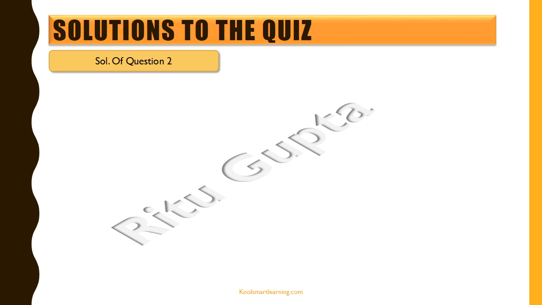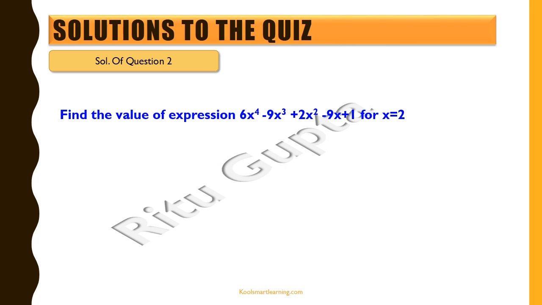Let's look at the solution for question 2. It says we have to find the value of this expression when x is given to be 2. So let's now replace all the x's with 2 in this expression. So we get 6 into 2 raised to power 4 minus 9 into 2 raised to power 3 plus 2 into 2 square minus 9 into 2 plus 1.